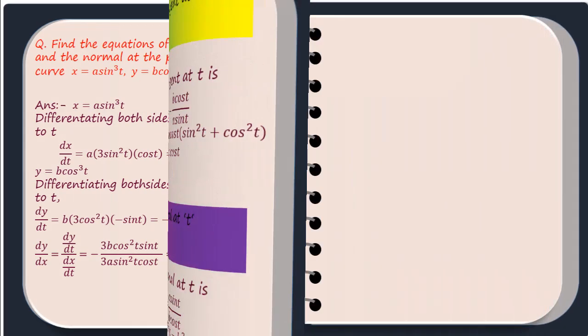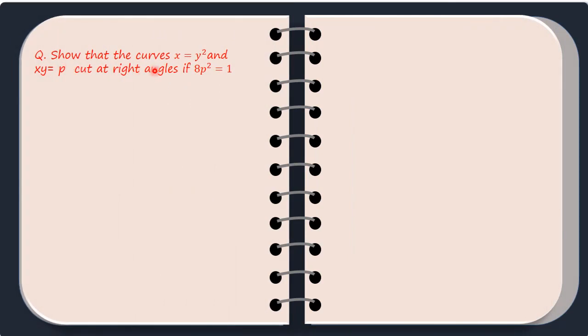Okay. So the next: show that the curves x is equal to y square and xy is equal to p cut at right angles if 8p square is equal to 1. So the two curves intersect each other at 90 degrees if this condition holds.